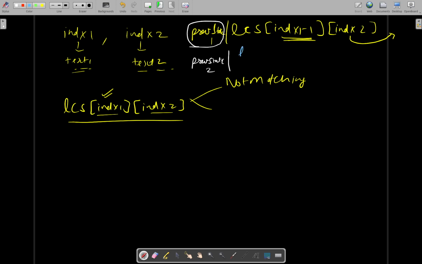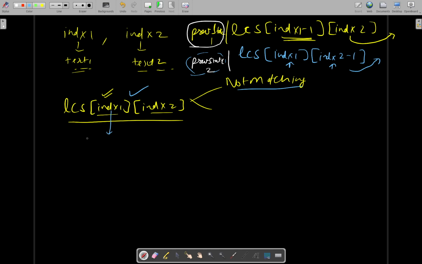The other previous state can be LCS of, let's say, index 1 and index 2 minus 1, and since the characters represented by these two were not matching, you decided to make a jump of one index in the second string, and you ended up on the current state. So this can be another possible previous state. So in case of not matching, what are not matching?